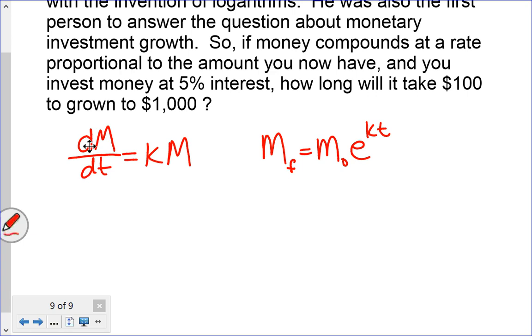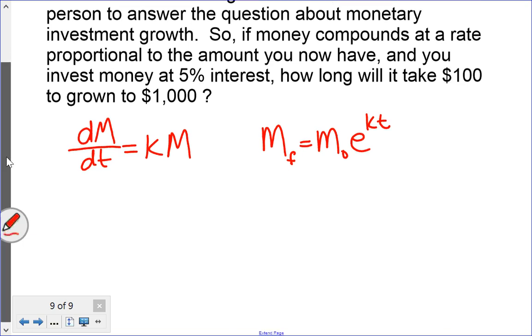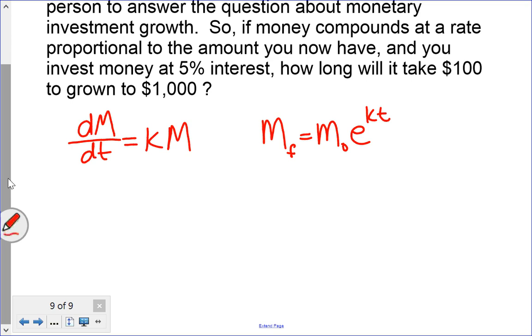All right, so now we want to figure out what k is. Well, what we're going to do to figure out k is use the information that if you're investing at 5% interest, we want to know how long it takes $100 to grow to 1,000. Investing at 5% means that, let's say my initial amount of money is $1, e to the k times 1 year, so in 1 year I'm going to have $1.05.